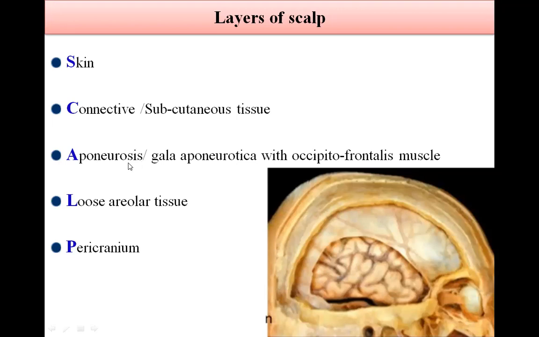Third one is aponeurosis, which is also known as the galea aponeurotica with the occipitofrontalis muscle, then loose areolar tissue, and the pericranium. So these are the 5 layers of the scalp, and according to the spelling of the scalp, you can remember SCALP.